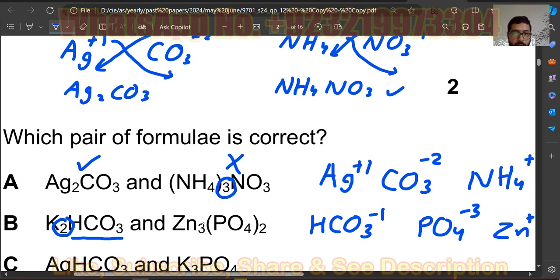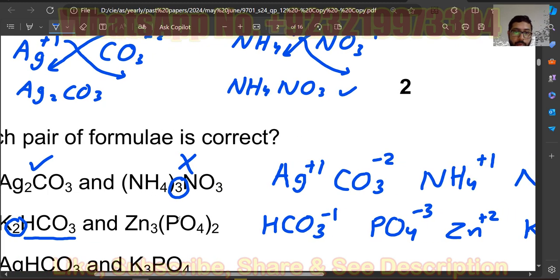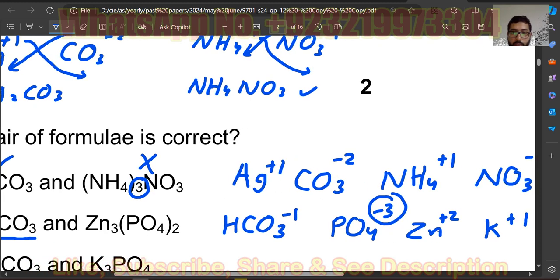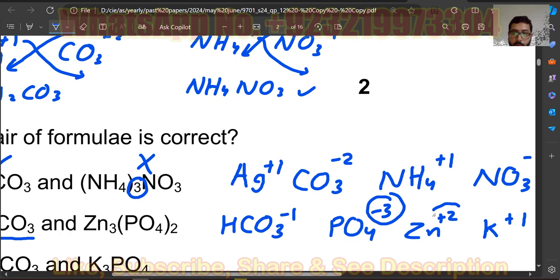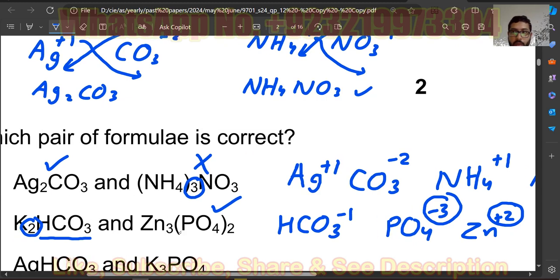And zinc phosphate is a right formula. Why? Because phosphate has -3 charge. This -3 will go down to the zinc, and the charge of zinc is +2 will come down to the phosphate. So here we have 2. That's why zinc phosphate is the correct formula.